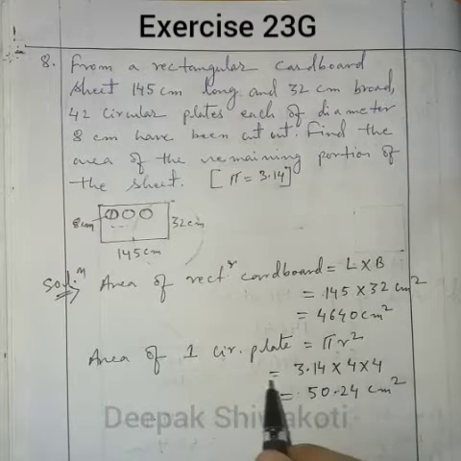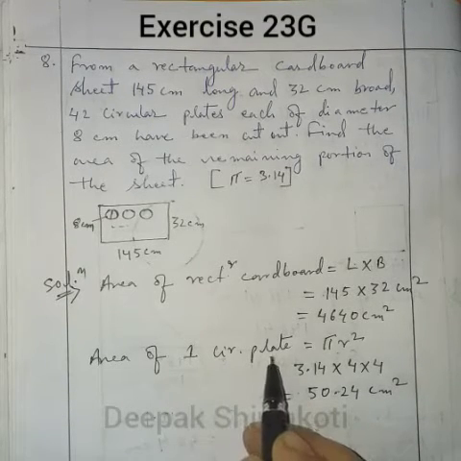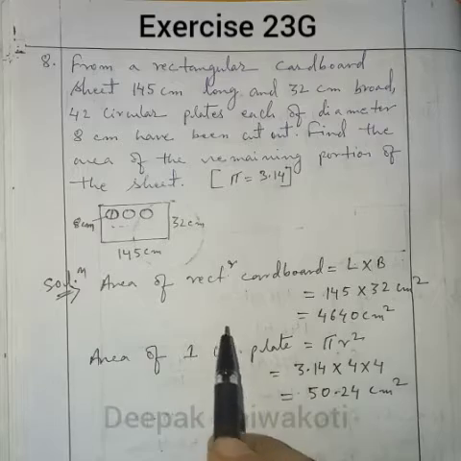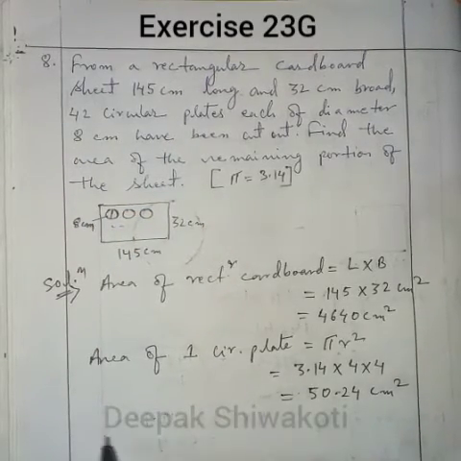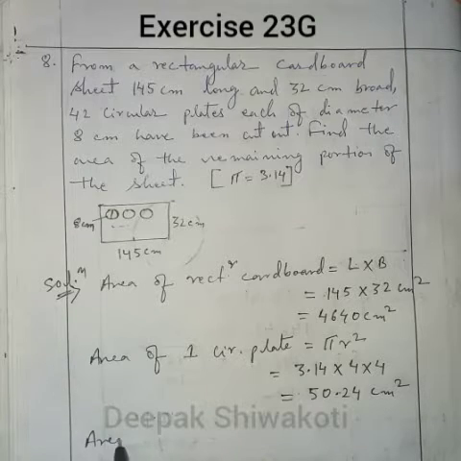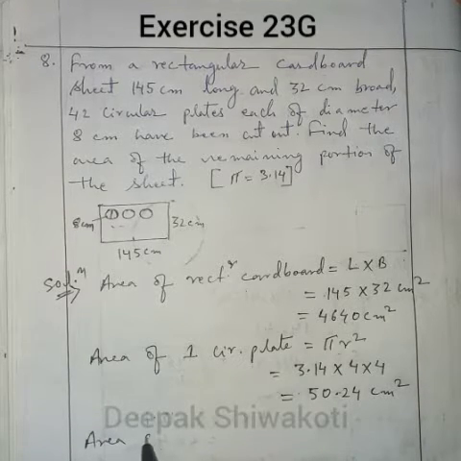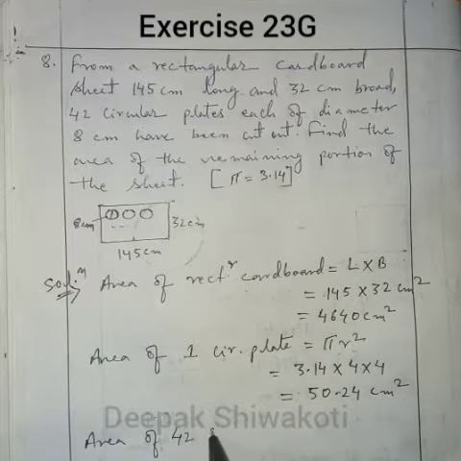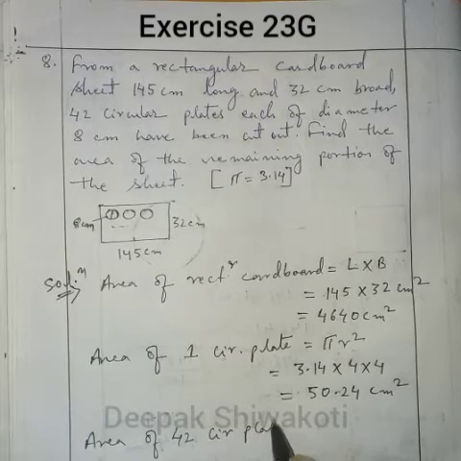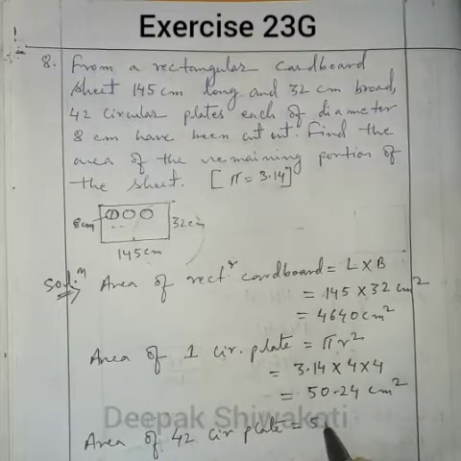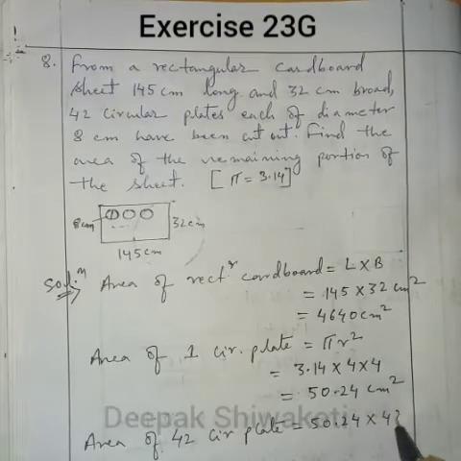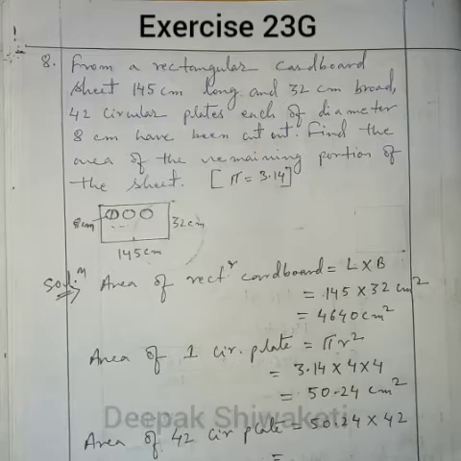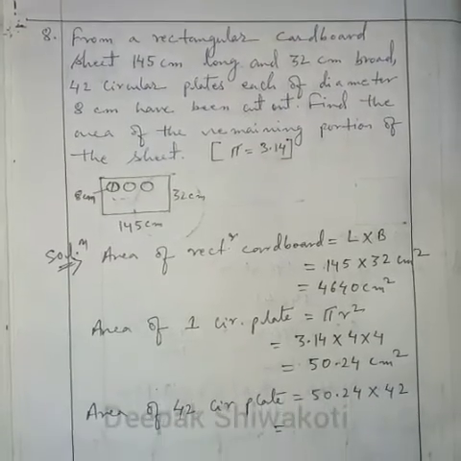Now if we subtract, no, not now, this is one circular plate. We have to find the area of 42 circular plates. So if we multiply this one with 42, then we'll get the area of 42 circular plates. So 50.24 into 42 will give us the area of 42 circular plates.